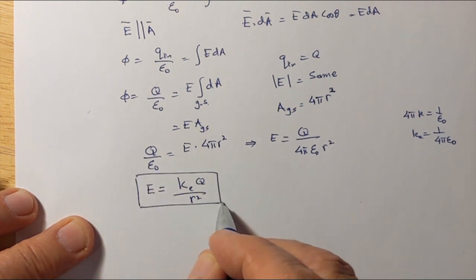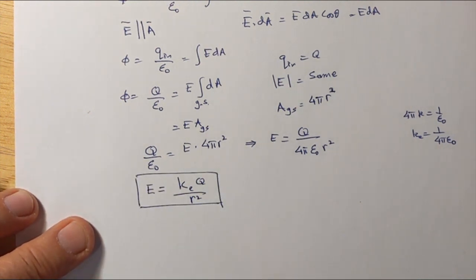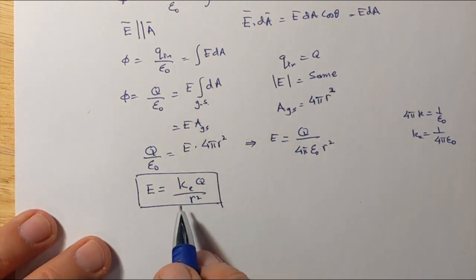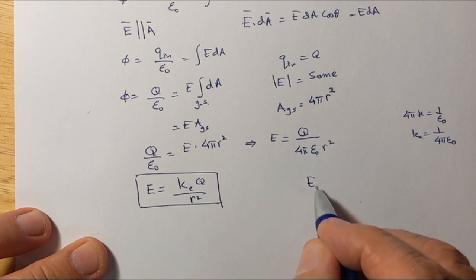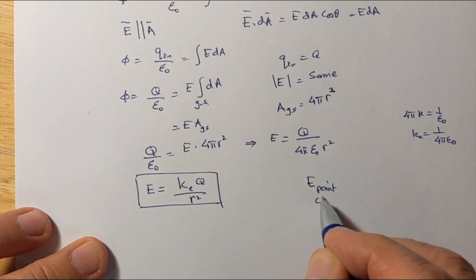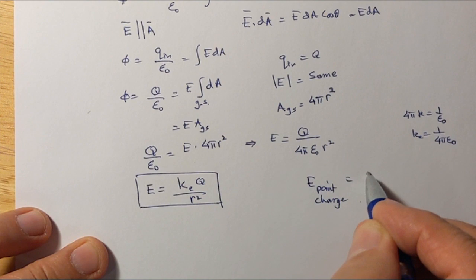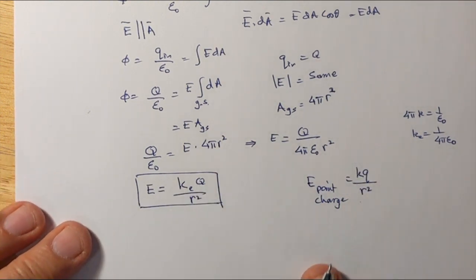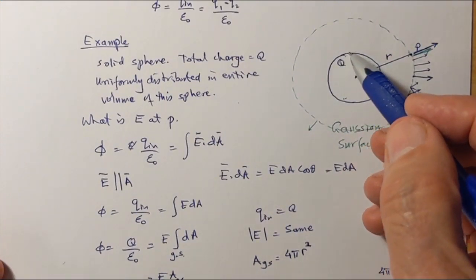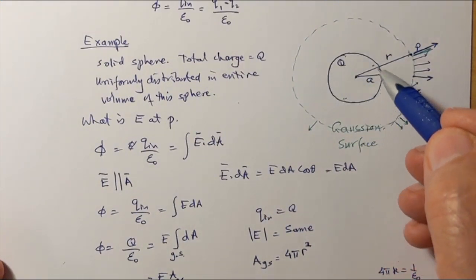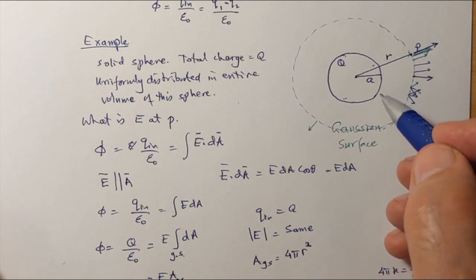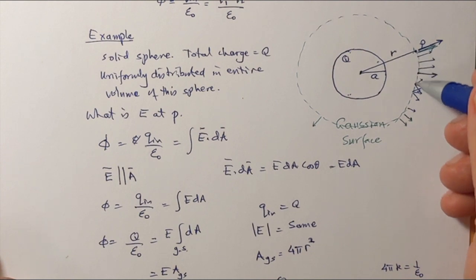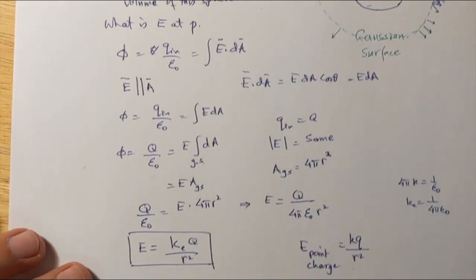That becomes the magnitude of the electric field, and the direction is radially outwards. Now this is the same equation as E for a point charge, which is simply kq over r square. This means that this distributed charge, where the charge is over this whole spherical surface, behaves as if the charge were concentrated in the center, so far as the electric field outside it is concerned.